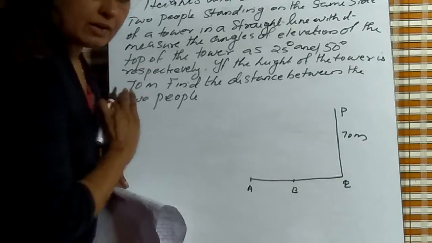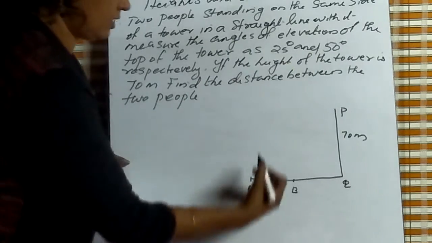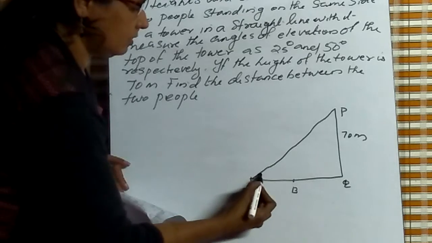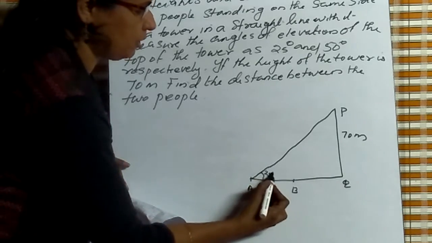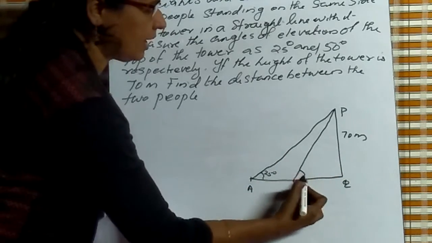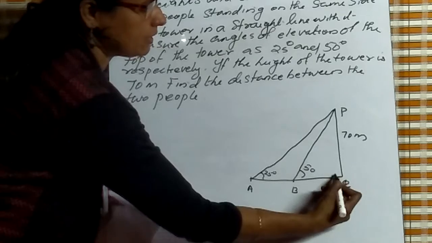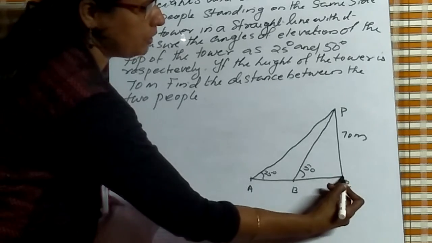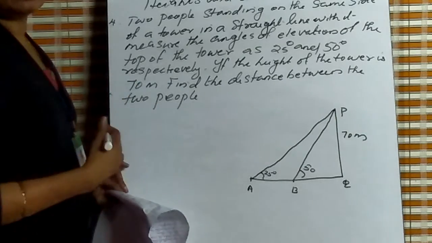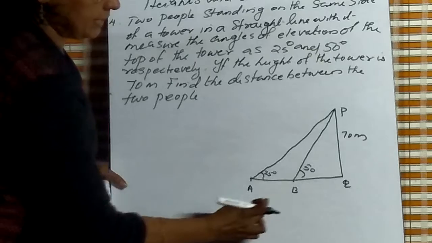So we mark this angle as 25 degree and the second angle as 50 degree. The angle is increasing when we are approaching the tower. Now, we have to find AB.